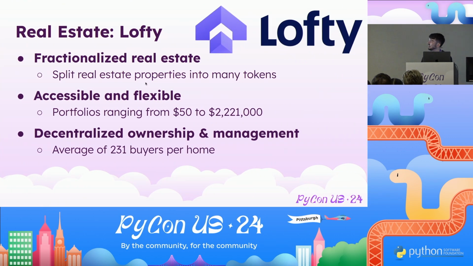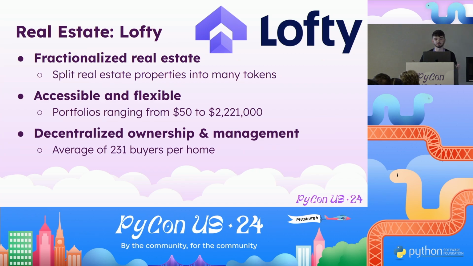Okay. We can use Lofty as an example to show how we can take an existing solution and then increment on top of it. So with real estate, the general problem is that in order to invest in real estate, you need a lot of capital, especially if you want a diverse portfolio. We've seen some solutions in traditional finance, like real estate investment trusts.